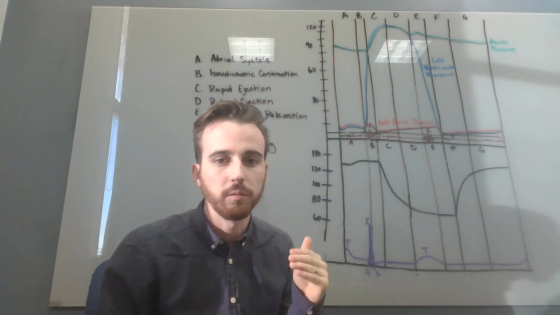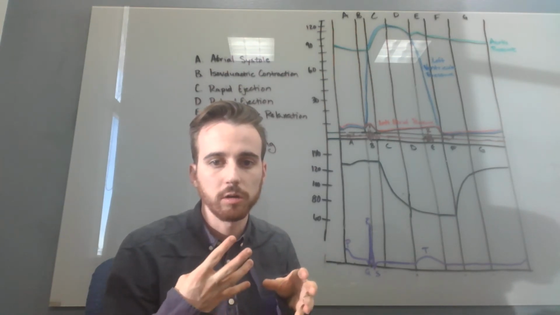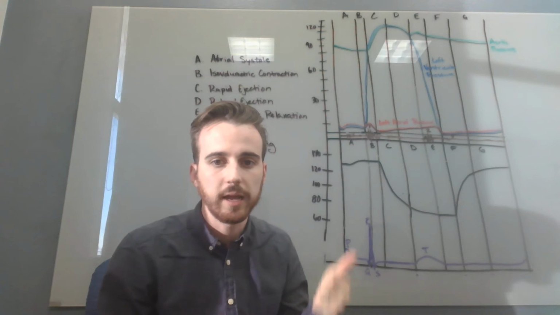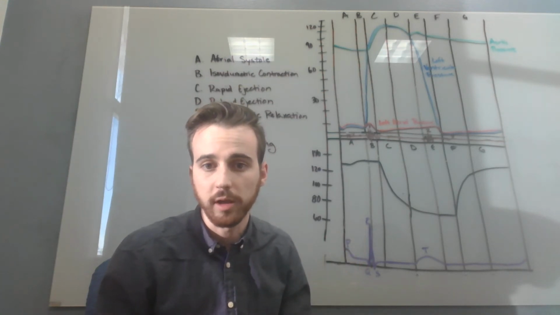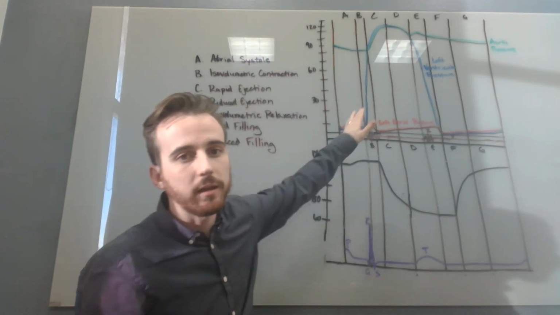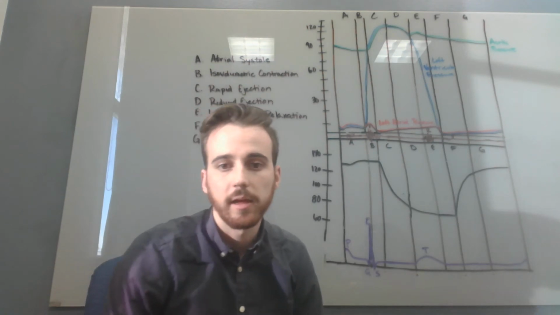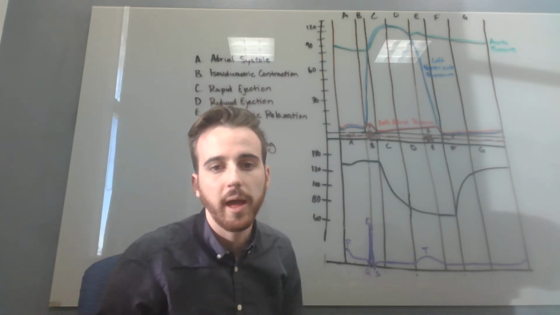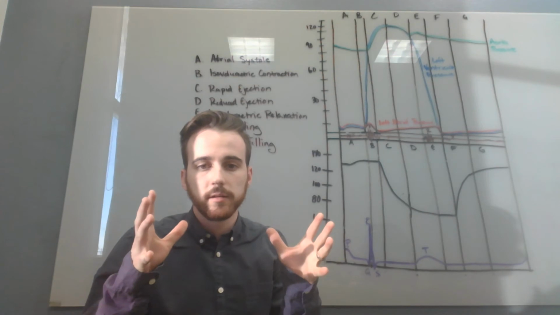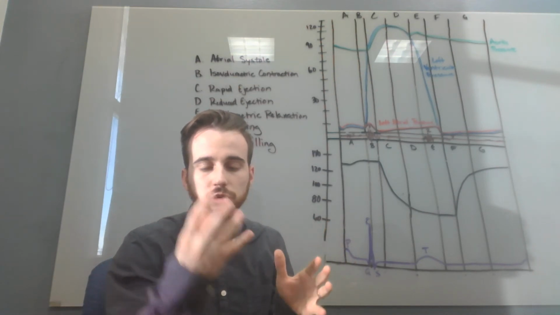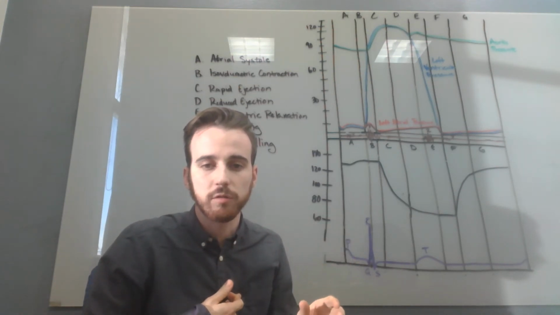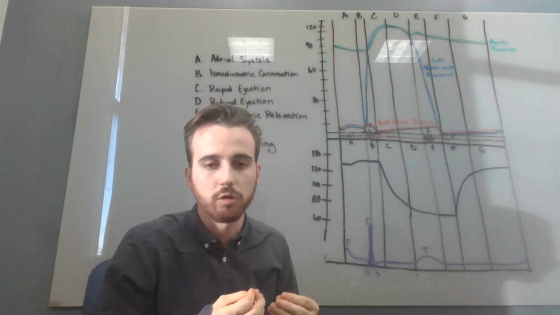So in order for the blood that we have in our left ventricle to get out into the aorta, we need to meet and exceed that 80 millimeters of mercury. So what happens? Our heart during time course B contracts, but both the mitral valve and the aortic valve are now closed.